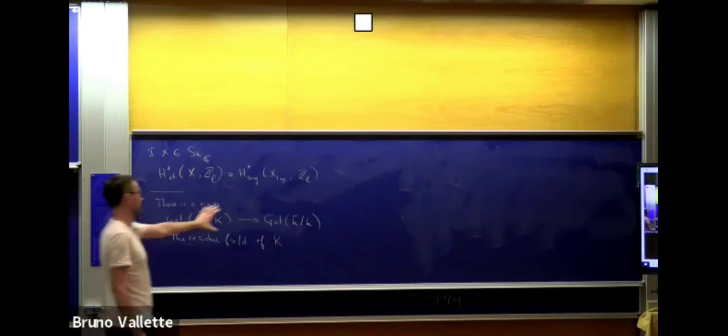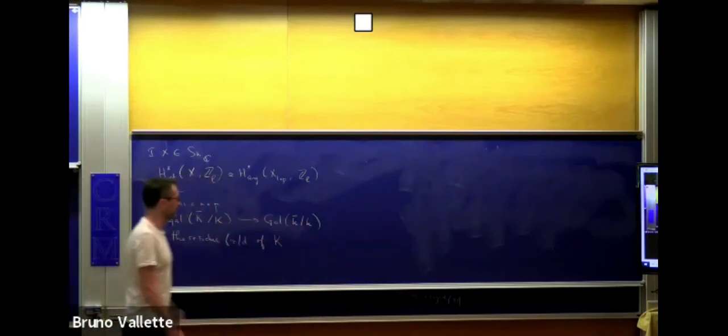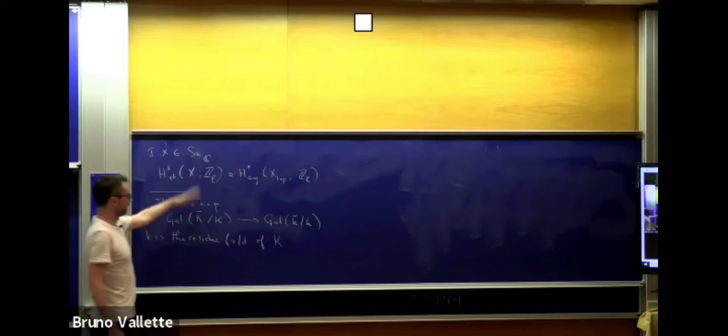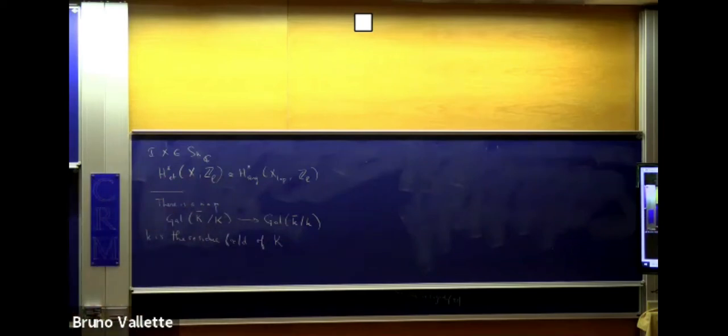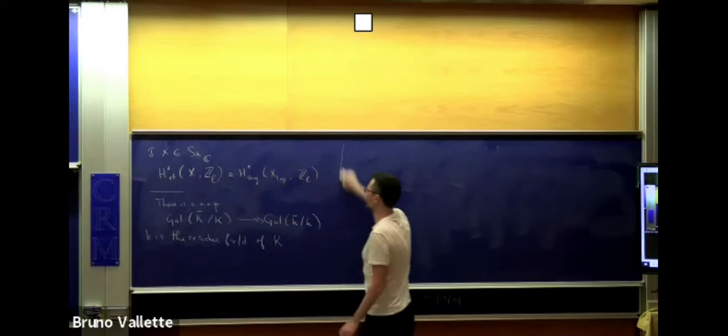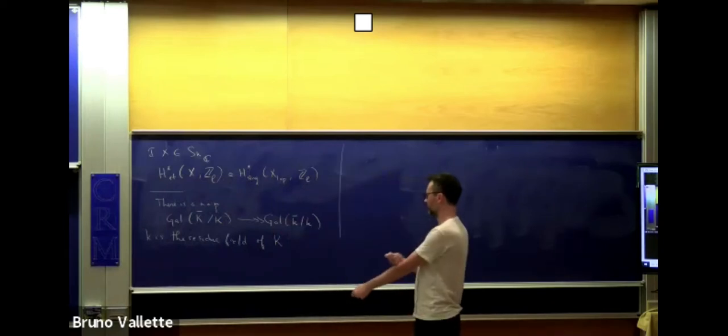So a finite extension of little k gives you a ring extension of the ring of integers, and then you can invert p to get a field extension of capital K. And by Galois theory, this induces a map of Galois groups going the other way. It turns out that it's surjective. The absolute Galois group of finite fields is one of the few things that we can actually compute in Galois theory.